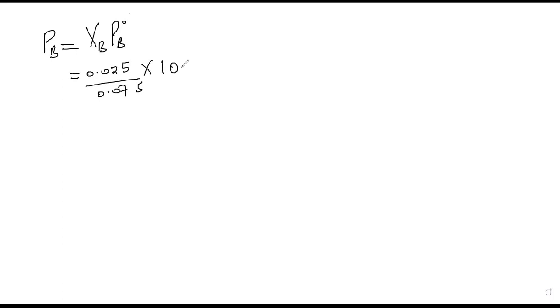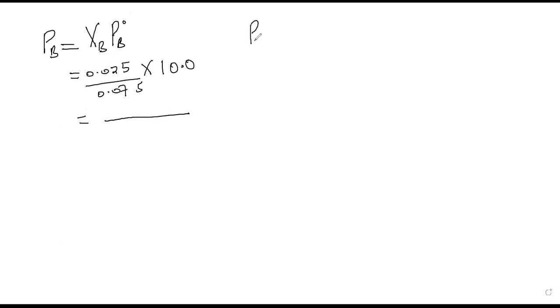The partial vapor pressure of benzene is going to be equal to the mole fraction of benzene times its vapor pressure in its pure state. So it is going to be 0.025 out of total 0.075, that is the mole fraction, times its pure vapor pressure. This will give us the partial pressure of benzene.